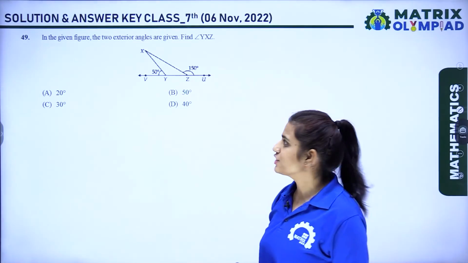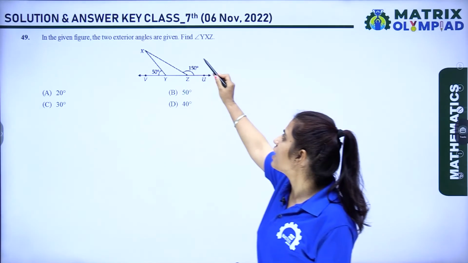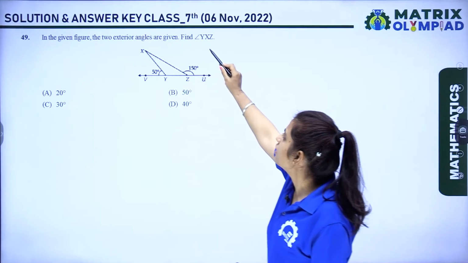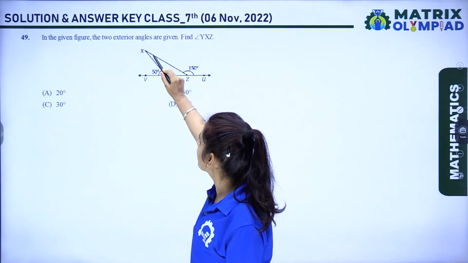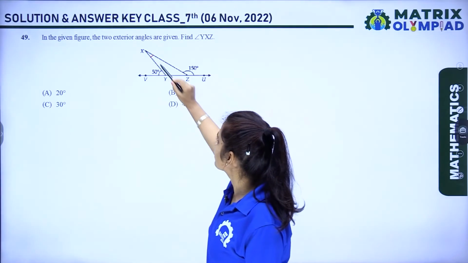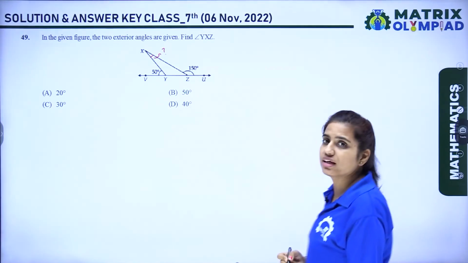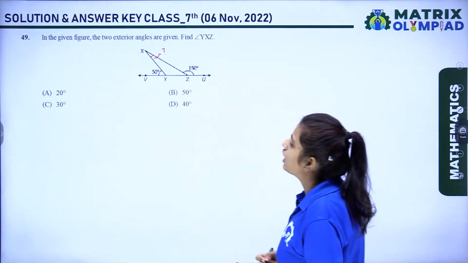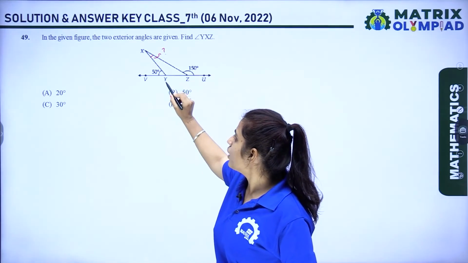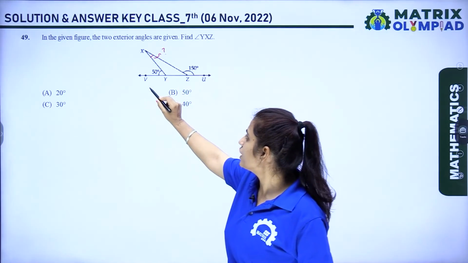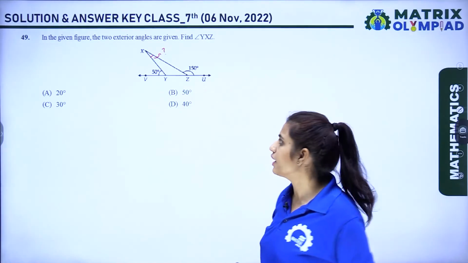Now the next question is 49. In the given figure, the two exterior angles are given. Find angle YXZ. Means we have to find out Y, X, Z. This angle we have to find out when two exterior angles are given to us. Now we can say that X, Y, V is already given to us, that is 50 degree, and it is an exterior angle.